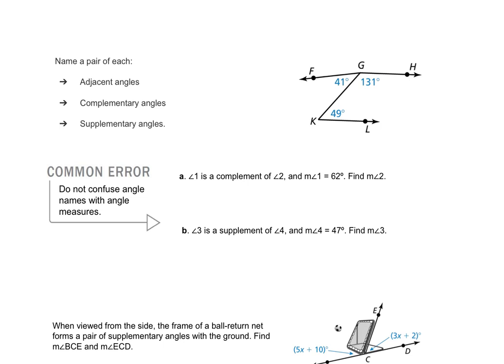G, right? So we would have to say angle FGK and angle HGK, or KGH. As long as G's in the middle. That's the important thing. The vertex must be in the middle, so G's got to be in the middle.